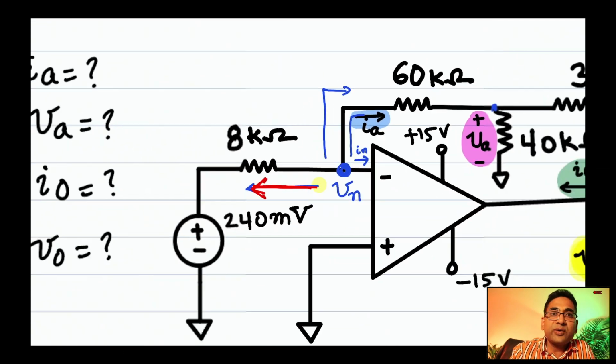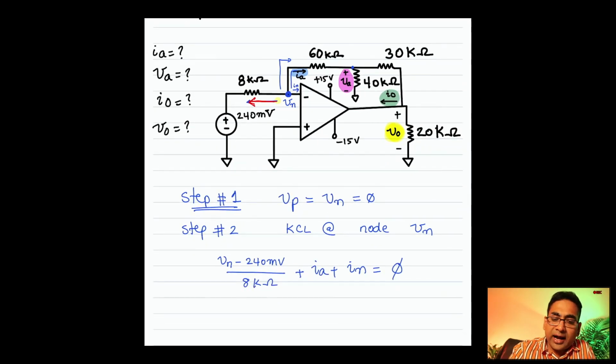We know that is 0. So I'm not going to waste any more time. I know IP equals IN equals 0. So I'm simply going to write that rule right there. So this guy is 0, this guy is 0.